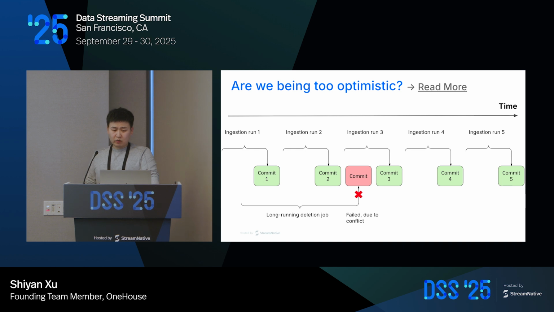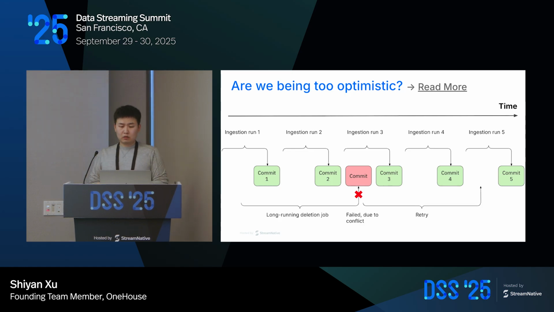A batch job running for hours could fail at the last minute due to a conflict, resulting in a lot of costly resource wastage. In database terms, this is like mixing long-running transactions with optimism. The longer these transactions run, the higher the probability they will overlap and conflict.